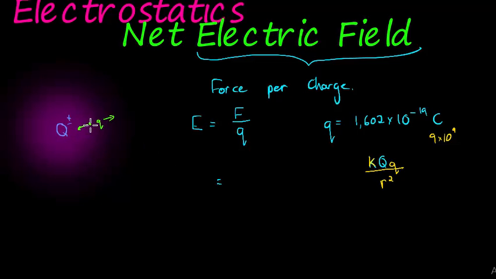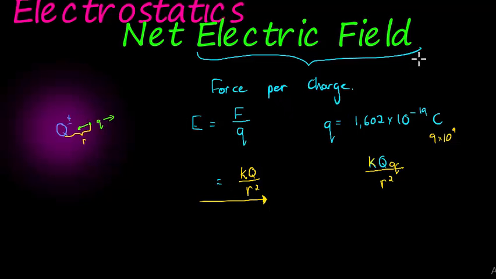In other words, how far apart are these two? That's the radius, the distance they are apart. If I substitute this into that formula, it simplifies to simply kQ over r squared. The q's cancel.